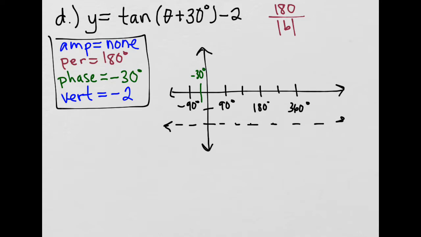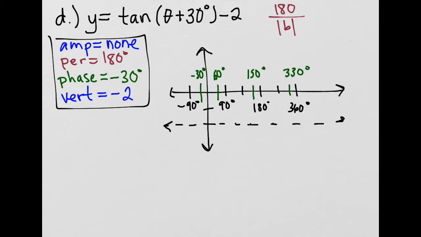And then we're going to subtract 30 from each of these tick marks. So 90 minus 30, that'll be 60 degrees. 180 minus 30 will be 150 degrees. 360 minus 30 will be 330 degrees.